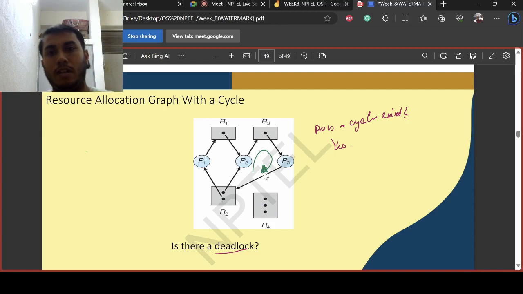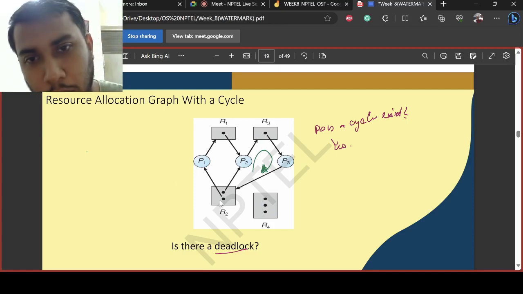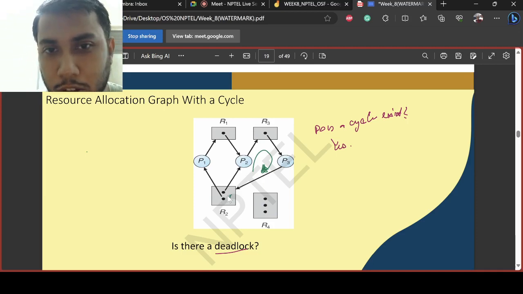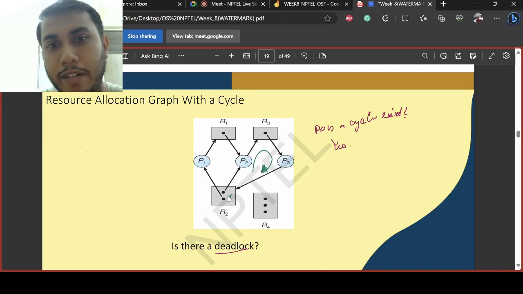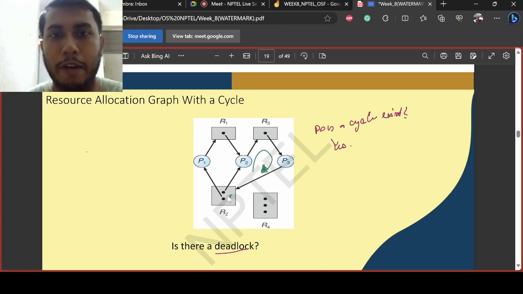Now there is more than one resource type here. Now we need to check whether a deadlock exists or not, because we know there is a possibility of deadlock, but the deadlock may not be present also. Okay, so let's look at why deadlock here occurs or not.